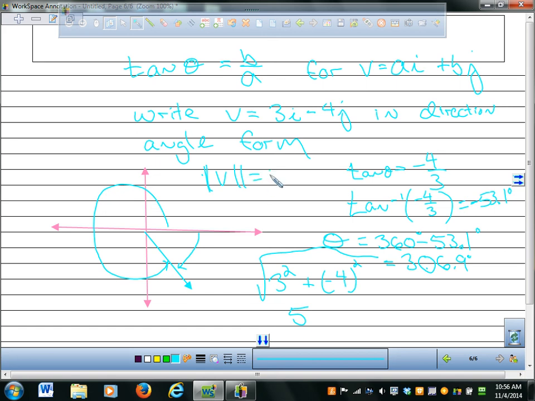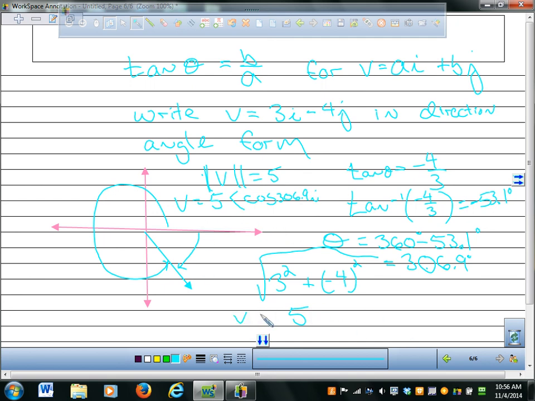Okay? So the vector is going to look like v equals the magnitude up front times the cosine of theta. What's theta? 306.9 in the i direction. Let's write it down.